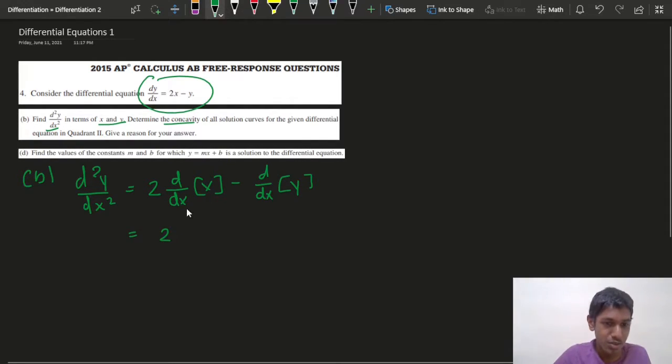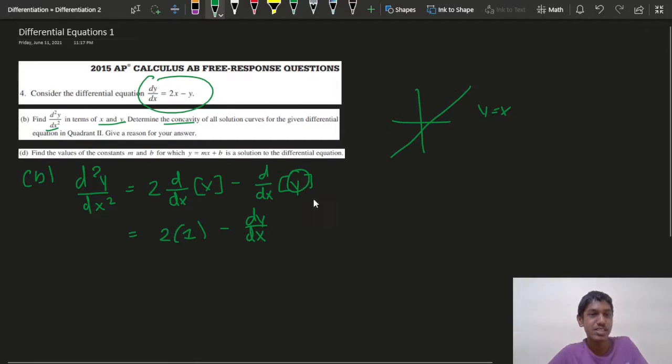So the derivative of x with respect to x is just going to be 1, right? Because that's the slope of the line y equals x. Just graph this here, the slope is always going to be 1. And then the derivative with respect to x of y is actually going to be dy dx, because you have to keep in mind that y is a function of x.